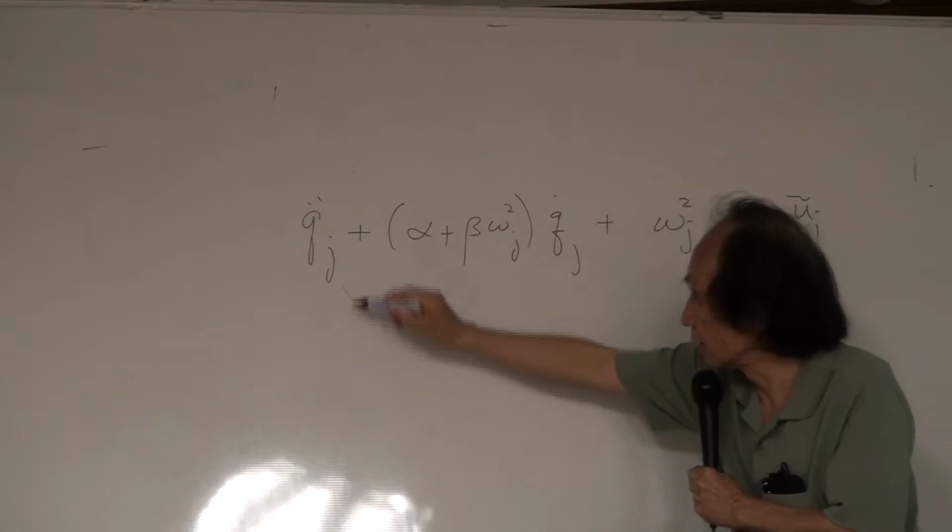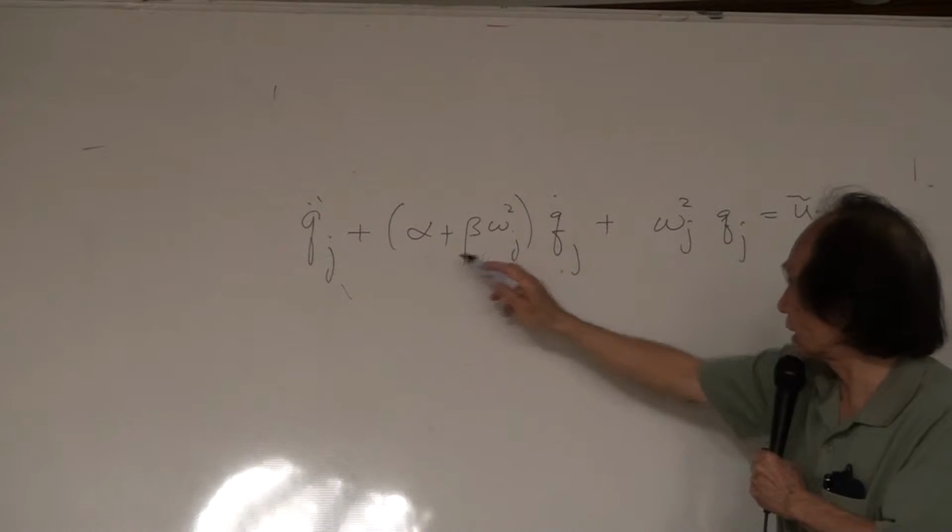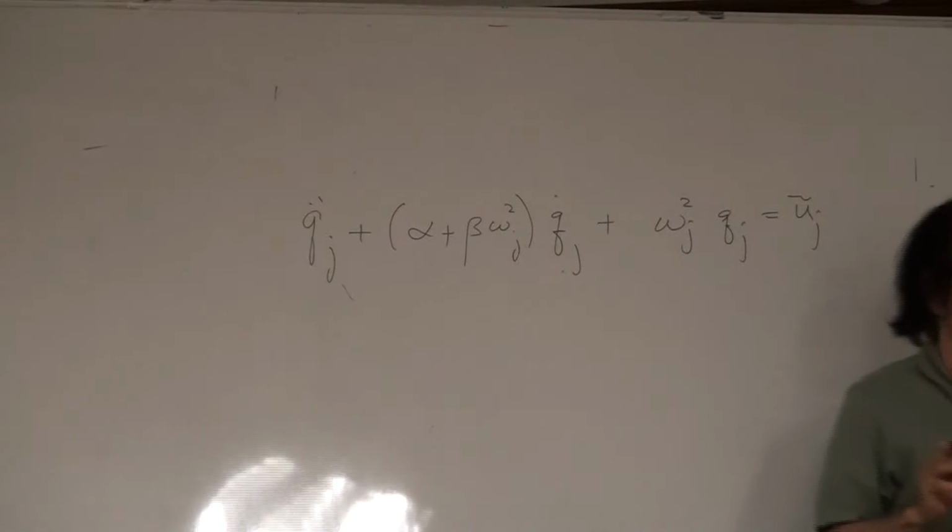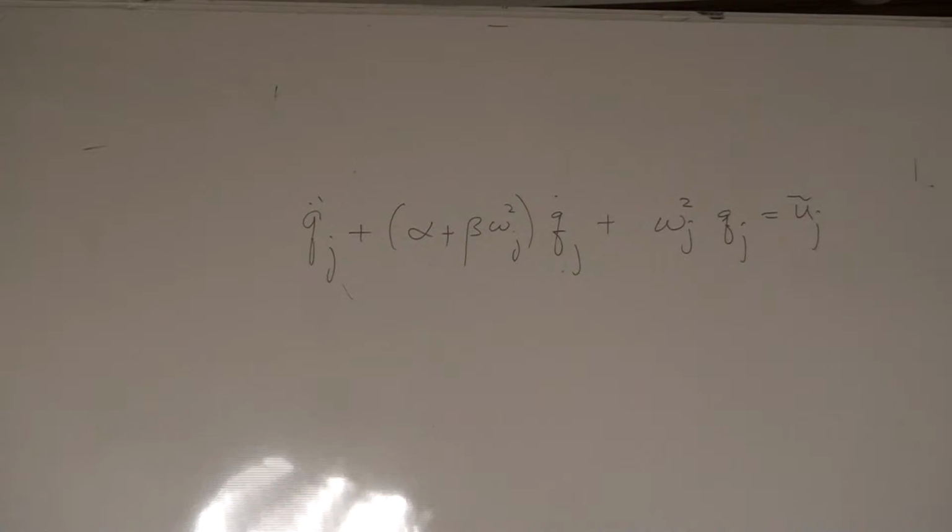So the whole matrix equation becomes n scalar differential equations, where q_j and j can be from 1 to n degrees of freedom.